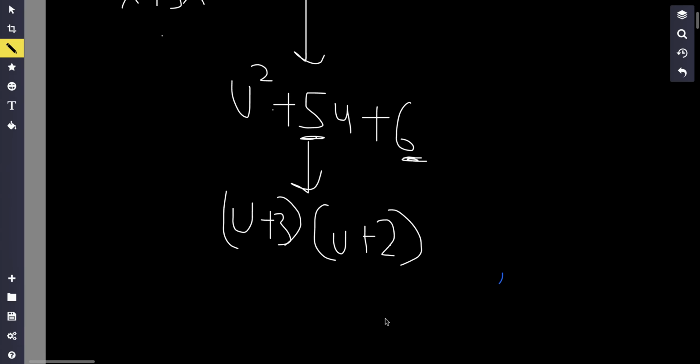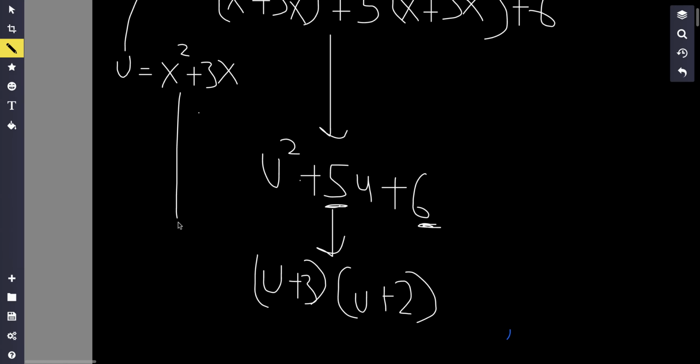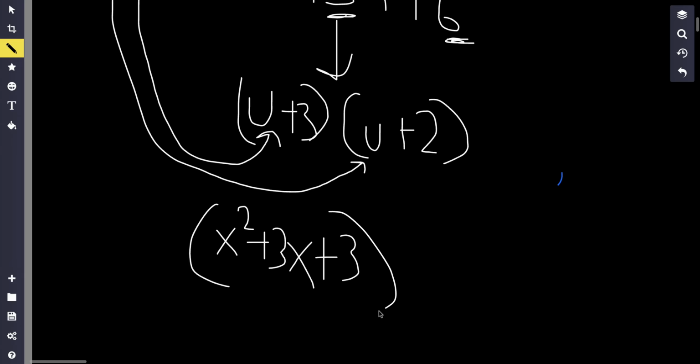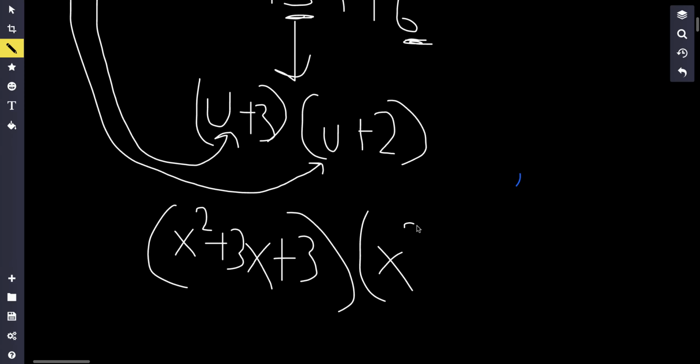Now what we're going to do is resubstitute x squared plus 3x back into these two things. So what we're going to have is x squared plus 3x plus 3, multiplied by x squared plus 3x plus 2.